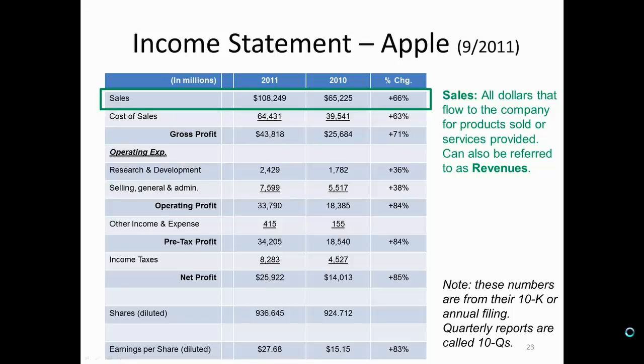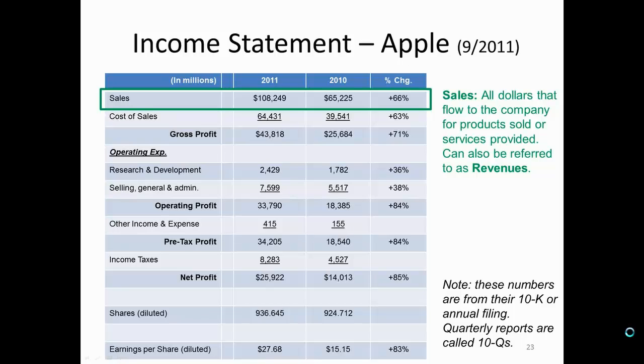This is the total amount of money that has come to the company for selling its products and services before accounting for any of the costs to produce those products. So when you buy an Apple iPad for $499, that would go directly into this line along with millions of other purchases of iPhones, iPods, iMacs, MacBook Airs, etc.